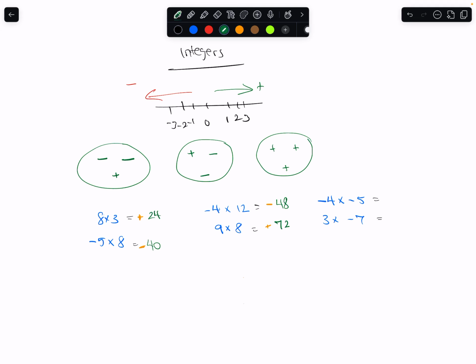-4 times -5, but the first thing we do is 4 times 5, which is 20. A negative times a negative is positive. Negative times negative is positive. 3 times 7 is 21.